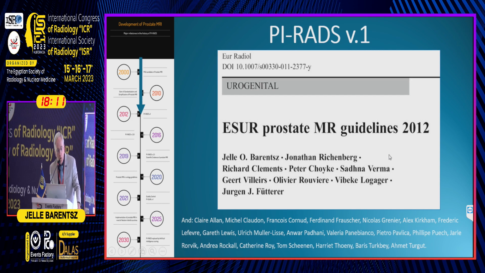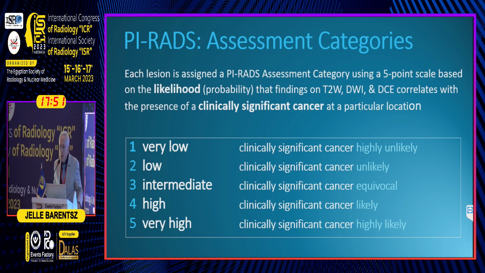Number 2, about 10 years ago, we started to see that we should look and report MRI in a similar way. That is why we developed, together with a group of European uroradiologists, PI-RADS version 1. PI-RADS means the assessment category.